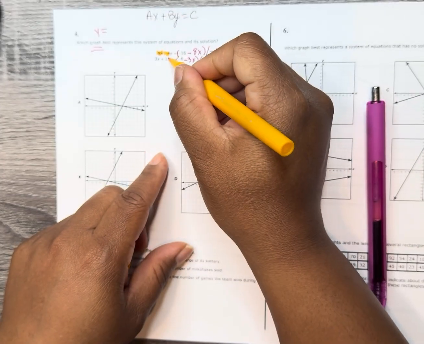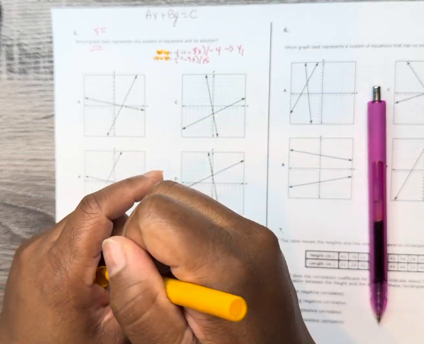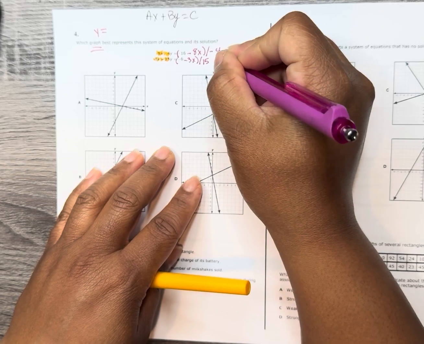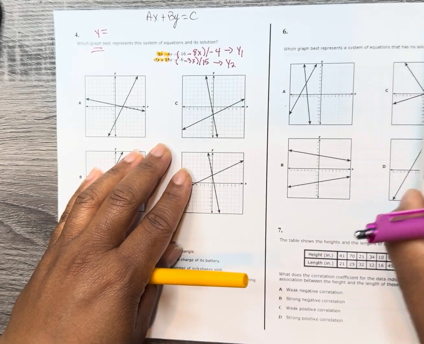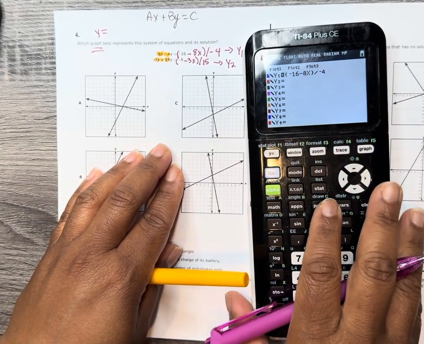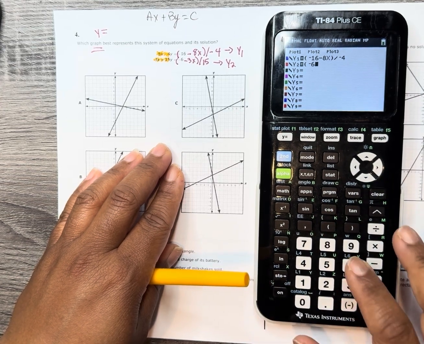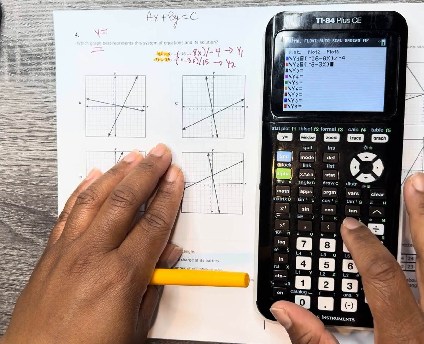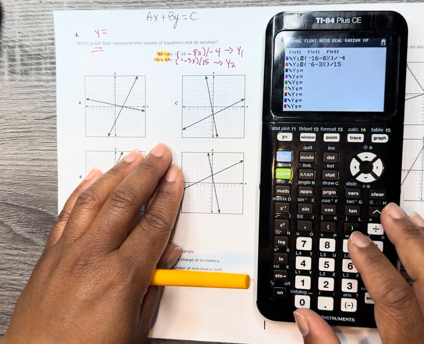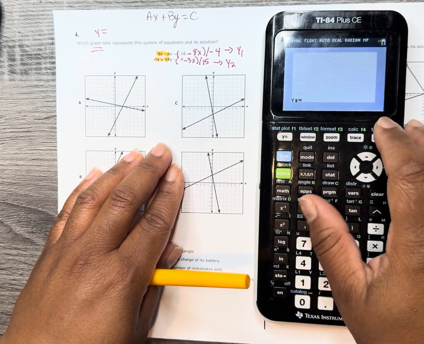Now that we put it on the right, erase it from the left, we're left with that y equals format that we want. And put this in your y2. So we have negative 6 minus 3x, close parentheses, divided by 15. Press your graph.